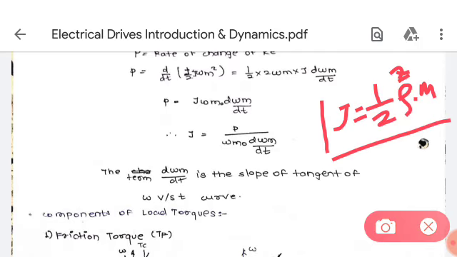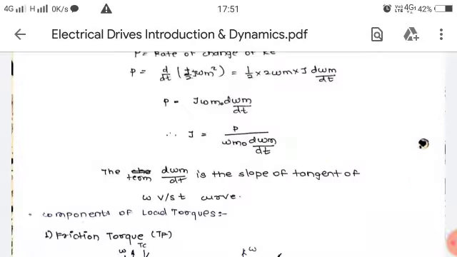So in physics, you might have denoted inertia by I, but in electrical engineering, as I is already taken by current, so we denote inertia by J. So this is how J can be calculated, and it plays very important role in dynamics of the drive. So that's what about inertia.